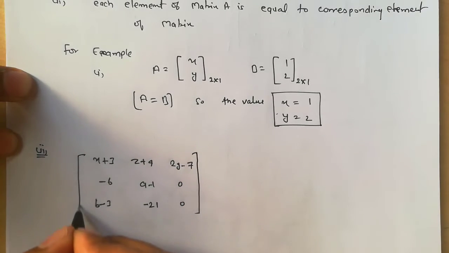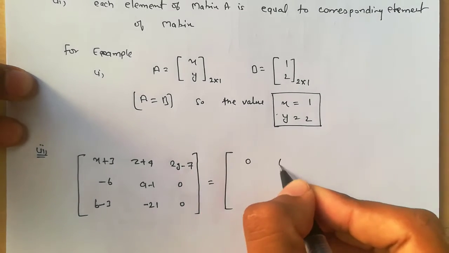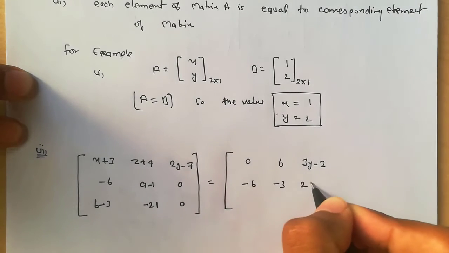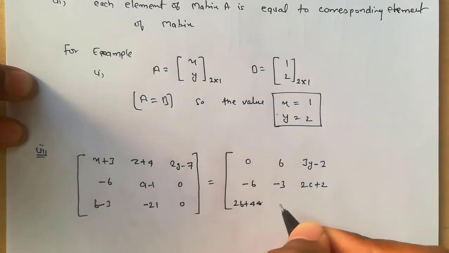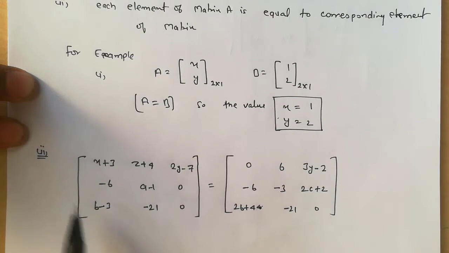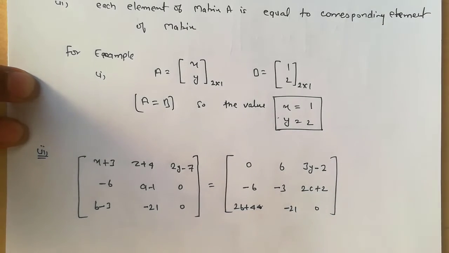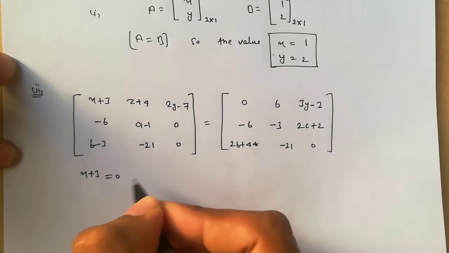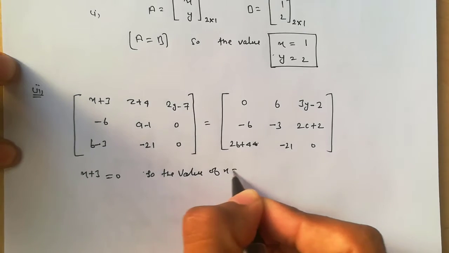This matrix is equal to 0, 6, 3y minus 2, minus 6, minus 3, 2c plus 2, 2b plus 4, minus 21 and 0. So each element of this matrix is equal to the corresponding element of the other matrix. It means x plus 3 is equal to 0, so the value of x is equal to minus 3.